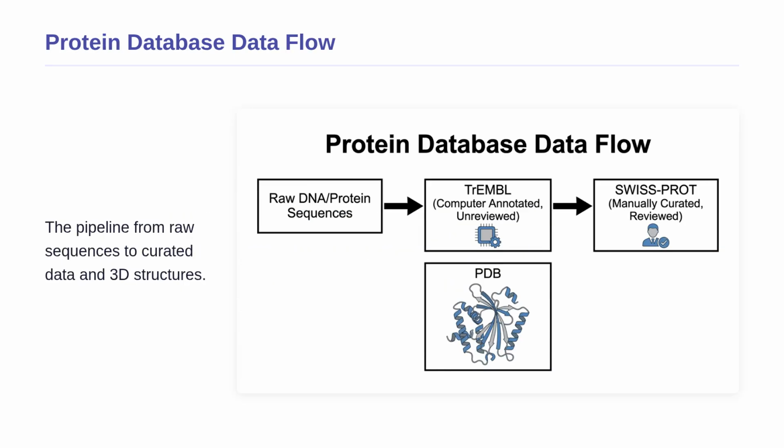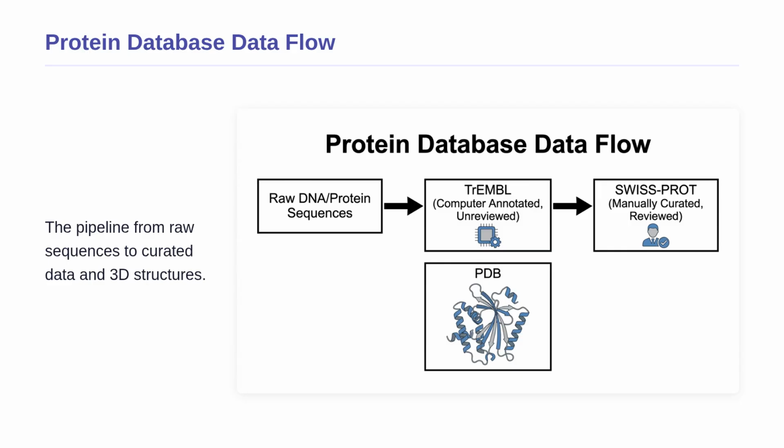Having discussed these specific databases, let us visualize how data flows between them. On the screen, you see a flowchart representing the protein database data flow. On the far left, we start with raw DNA and protein sequences. An arrow points to the right, leading into TrEMBL, representing the unreviewed, computer-annotated data.